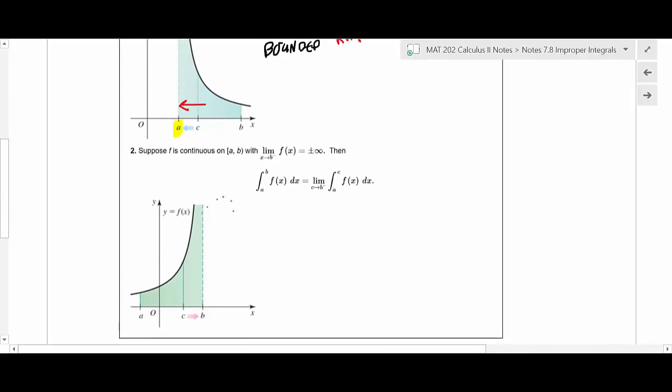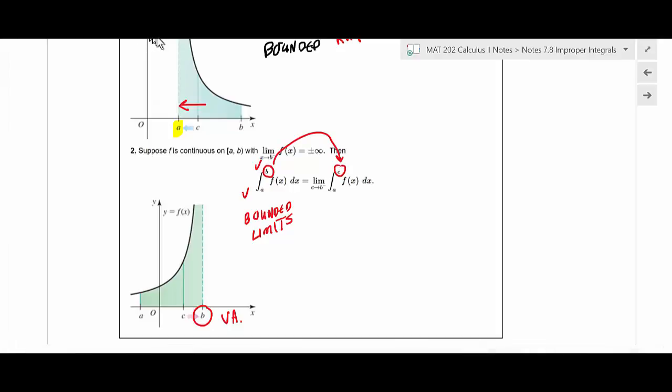Okay, look at this opposite situation. You're looking at the region from A to B. Again, you have bounded limits of integration. That's not the problem, but you have a vertical asymptote there. So this time that thing gets changed to a generic variable, whereas this thing stays fixed.